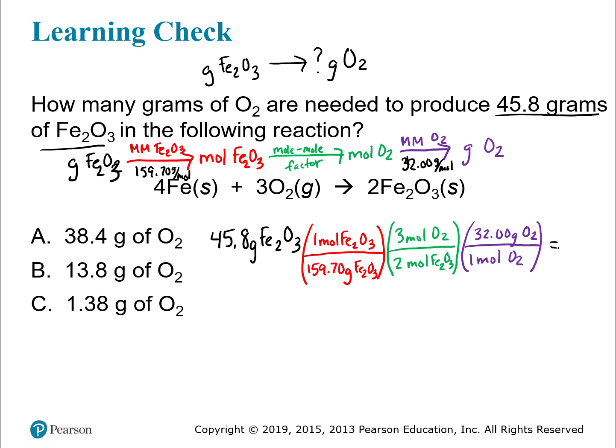So this is how it should be set up, where you're going from grams of iron 3 oxide to moles, then moles of iron 3 oxide to moles of oxygen gas using the mole-mole ratio, and then moles of oxygen to grams of oxygen using the molar mass. When you do all of that math, you should get B.